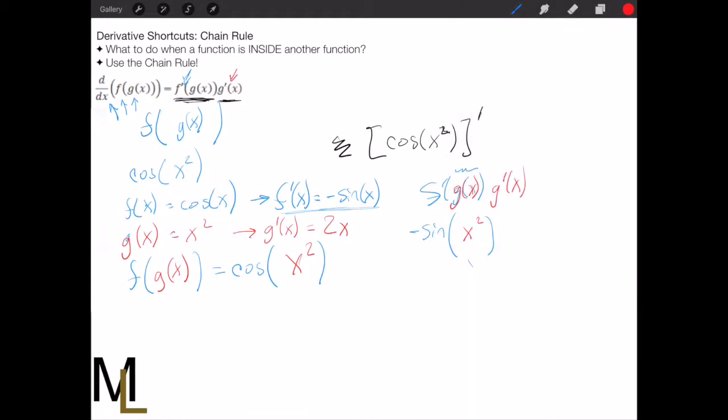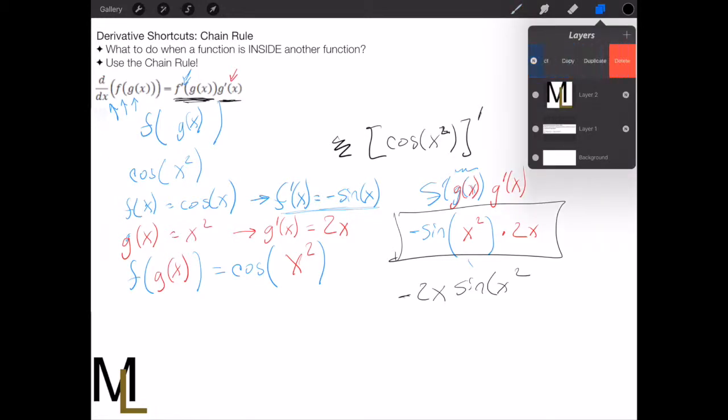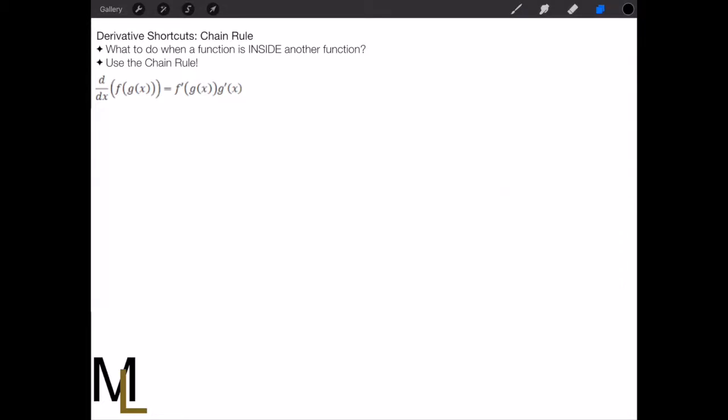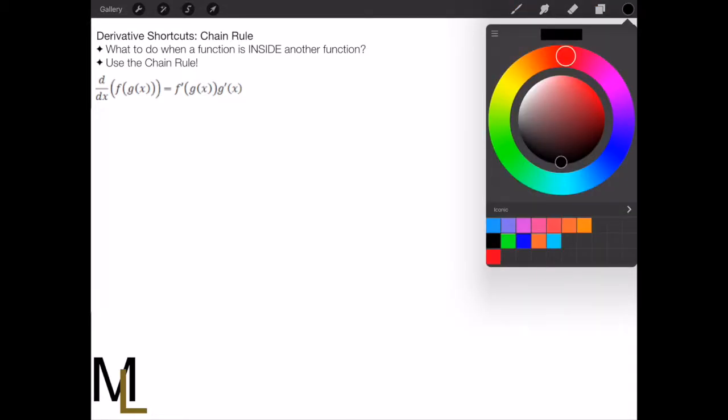And then we multiply by g prime of x, and that's 2x. And that's the solution right here. We can rewrite that as minus 2x sine of x squared. Okay, so let's go ahead and erase that. Let's look at a different one, okay?